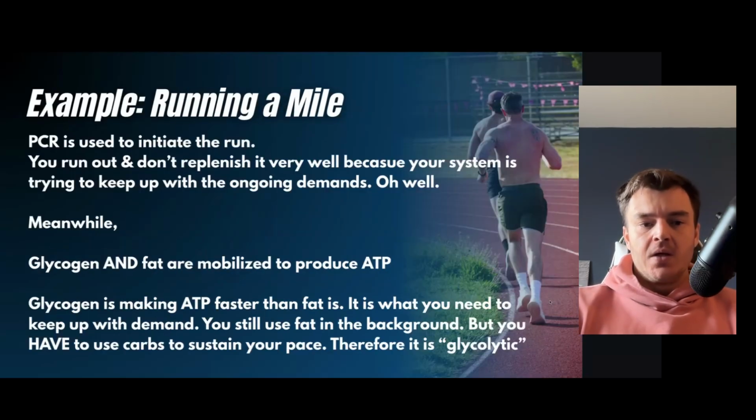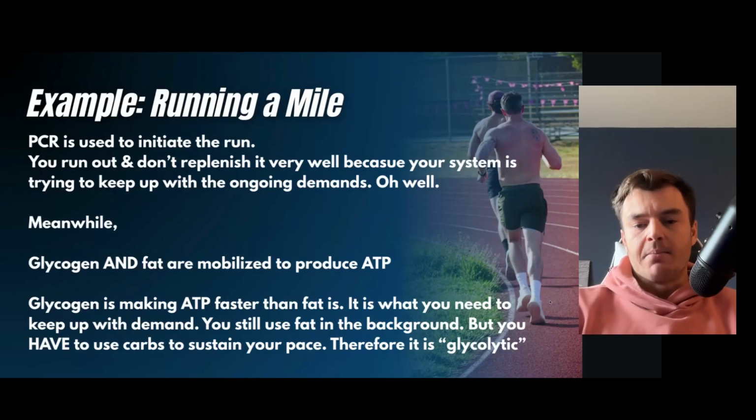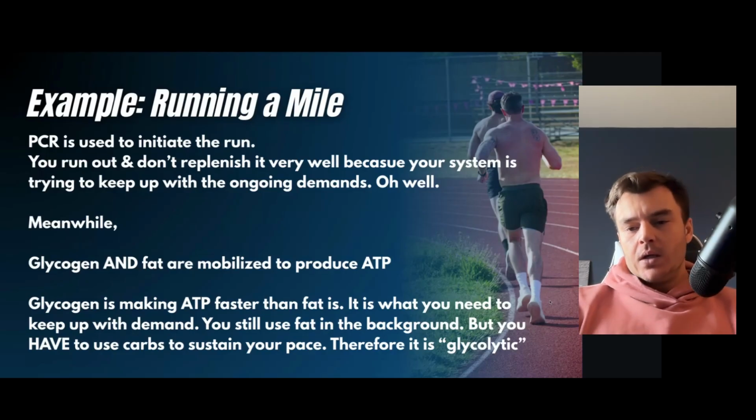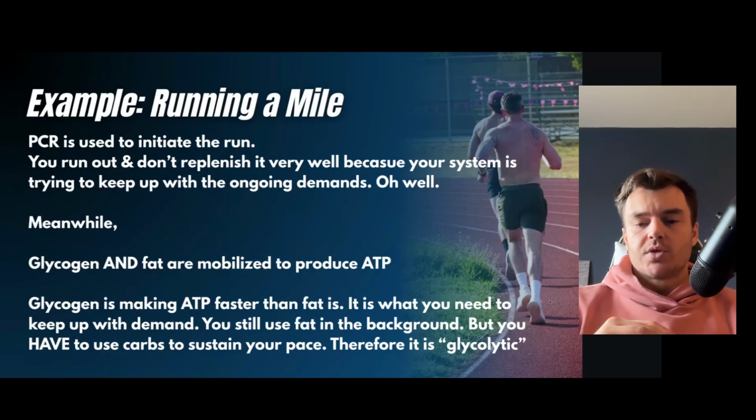And so when we look at an example for this, if we were to use running a mile, or maybe a better example here would be running a marathon, you're going to start, and the initial steps that you take will use the phosphocreatine system, because it is what will provide the quickest source of energy for your muscles to perform their contractions.